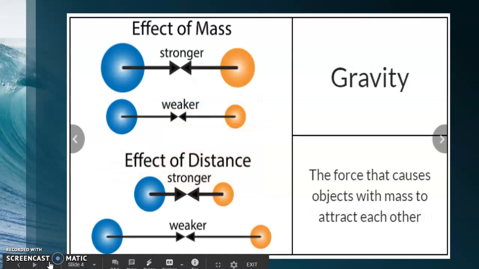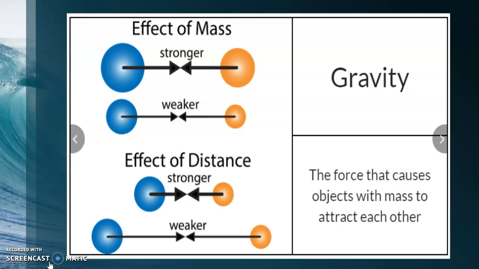Next one is gravity. The force that causes objects with mass to attract one another. The stronger the mass, the stronger the attraction is. And the farther the distance, the weaker the attraction, the further they are apart.